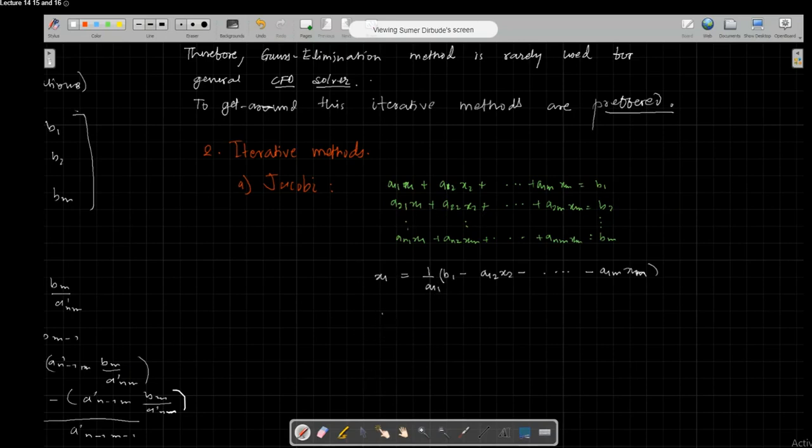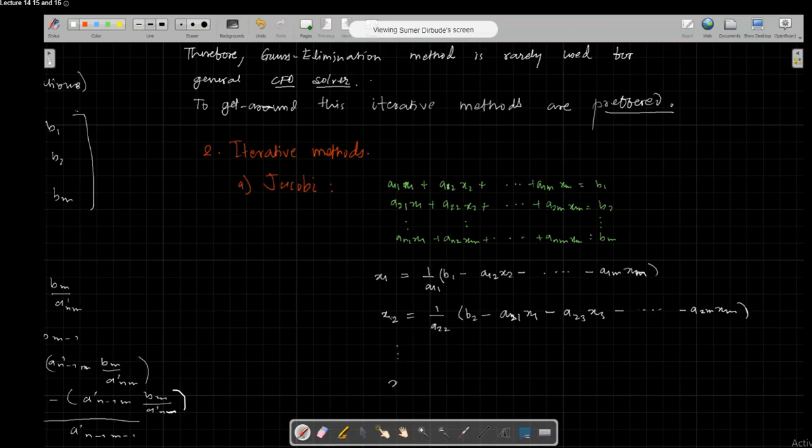From the second equation, we write x2 is equal to 1 upon A22 times B2 minus A21 x1 minus A23 x3, likewise minus A2n xn.